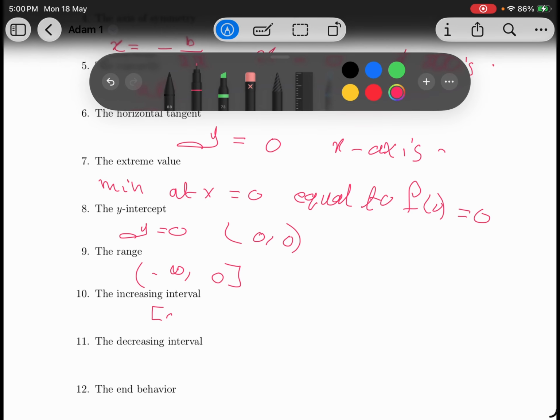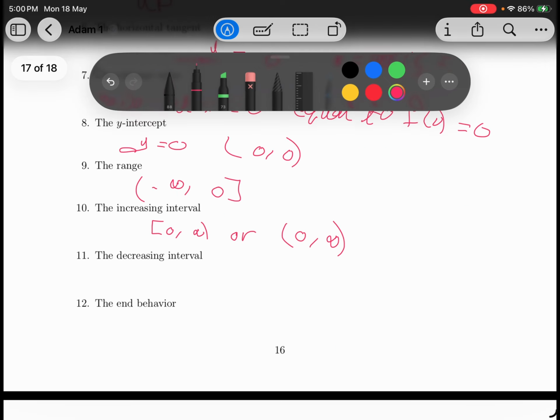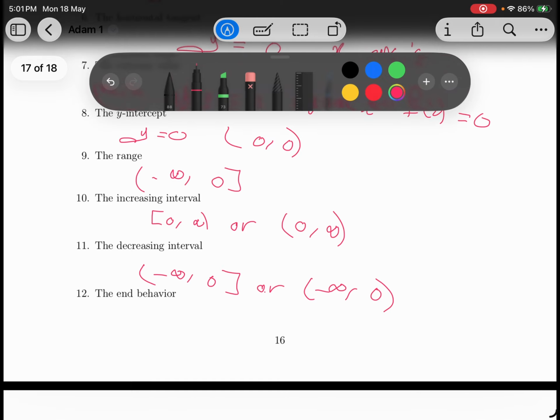So [0, infinity) like that, or open, (0, infinity), like that. Both are fine, both correct. And decreasing in the complement of this, which means from minus infinity to 0, or from minus infinity to 0 open, both are fine.